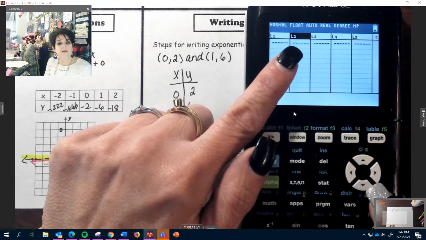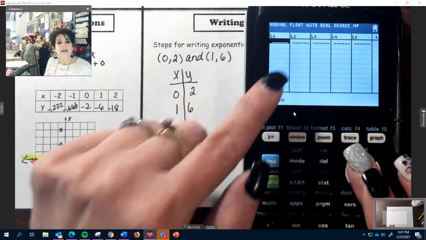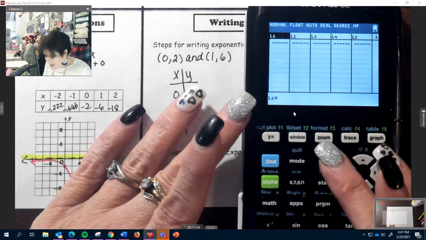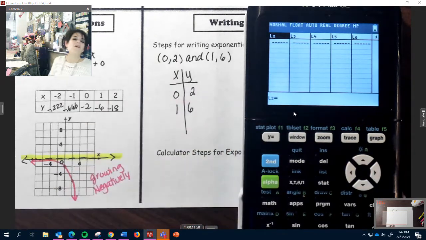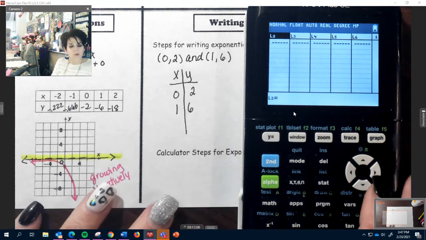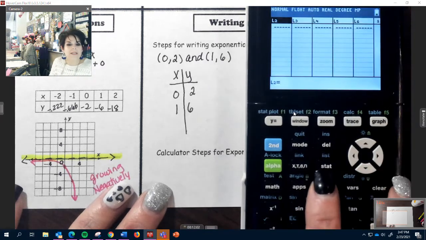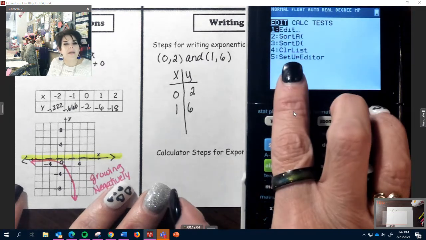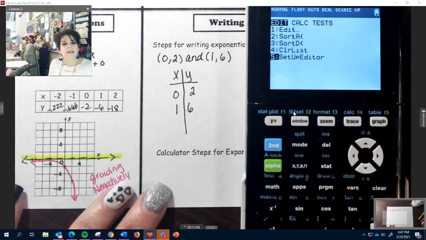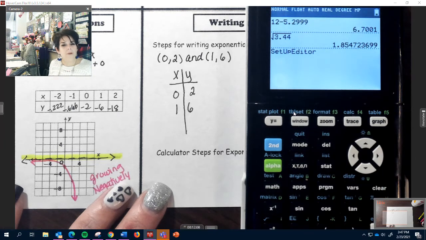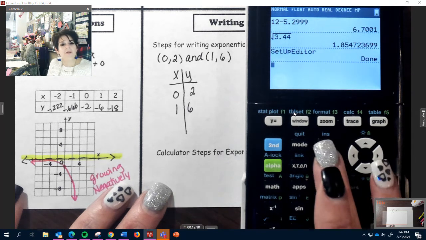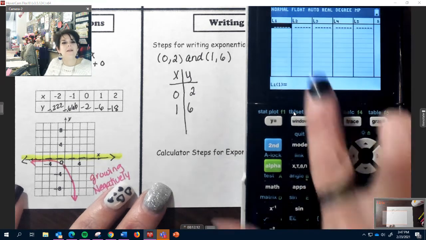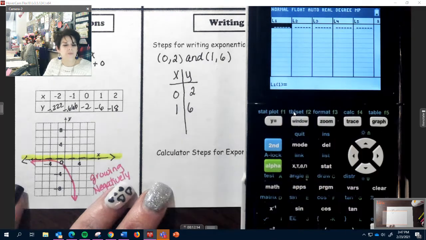Go up to the top of L2, hit Clear, and then move down. If you accidentally delete L1, go to Stat, go to Setup Editor, hit Enter, and it says done. Now when you go back to Stat, Edit, your L1 will be back. So rewind that if you need to.